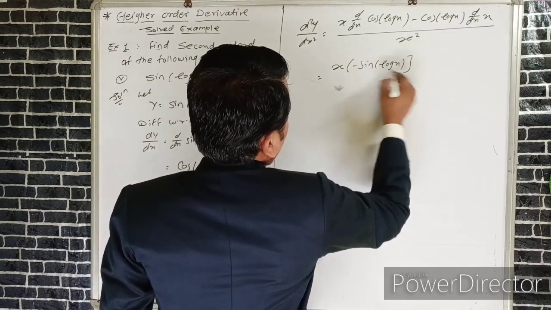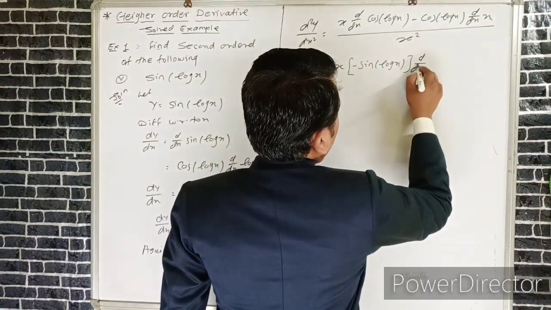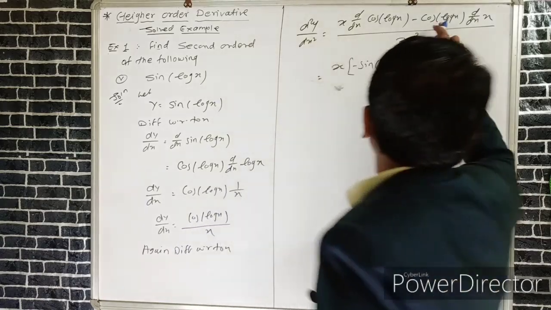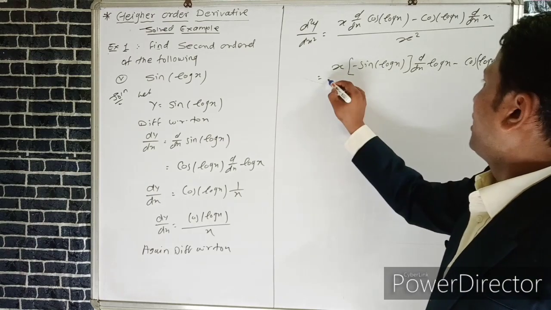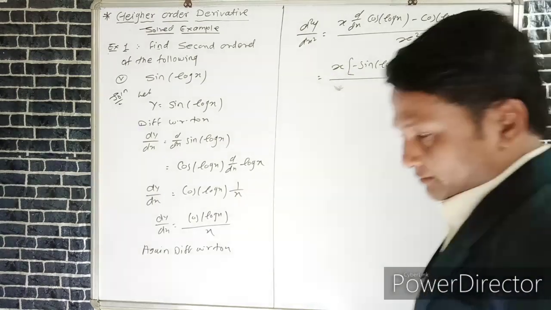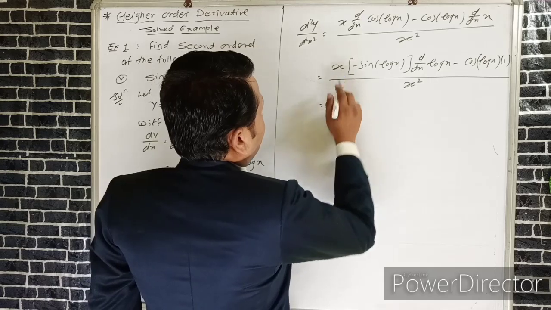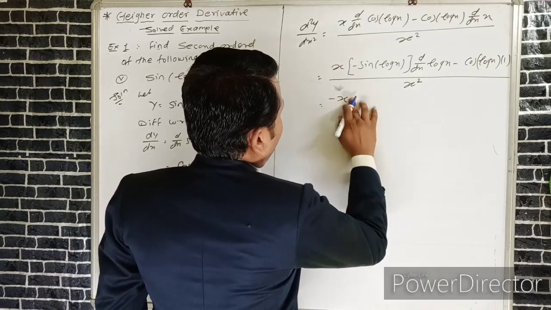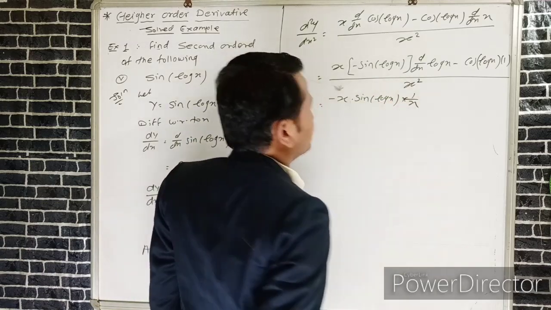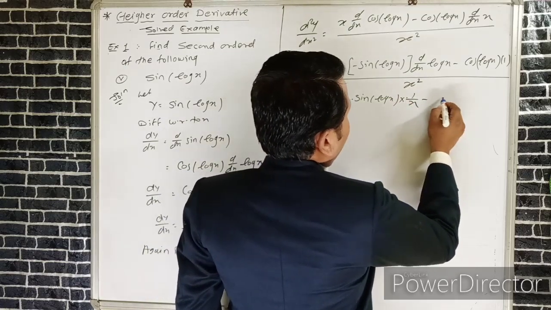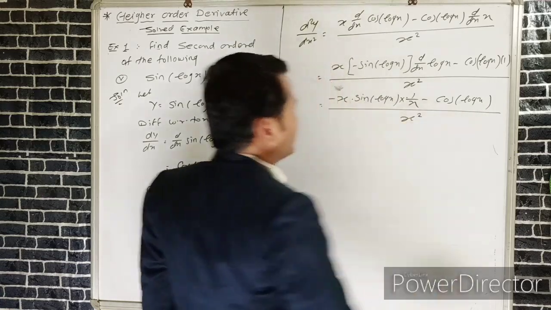Now we know that x into derivative of cos x is minus sine of log x, right? And we take again a derivative of log x by using chain rule. Here minus cos of log x as it is, and the derivative of x is 1 upon x square as it is. So, if we multiply the term x, minus x into sine of log x, and the derivative of log x is 1 by x, minus cos of log x into 1, cos of log x upon x square as it is.